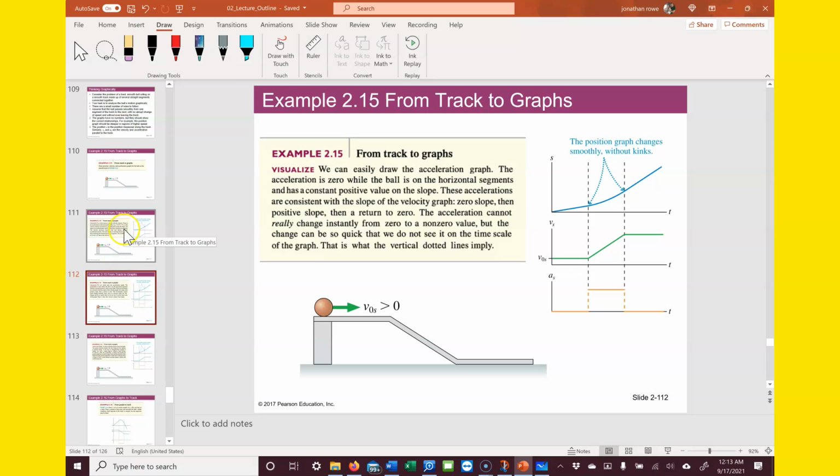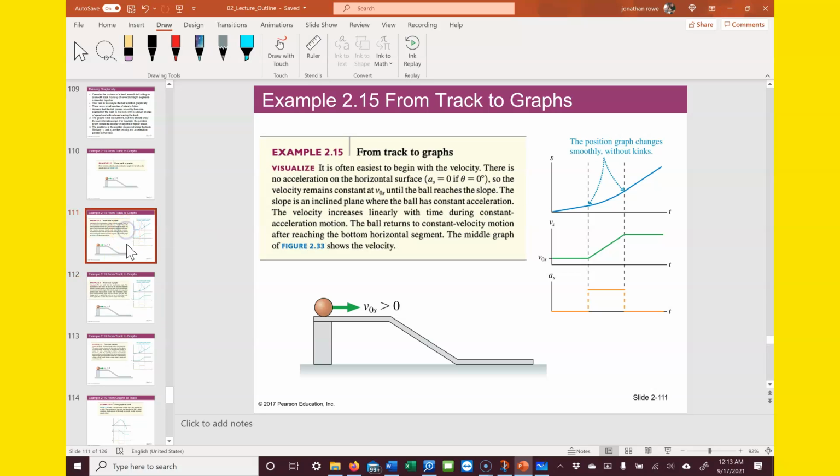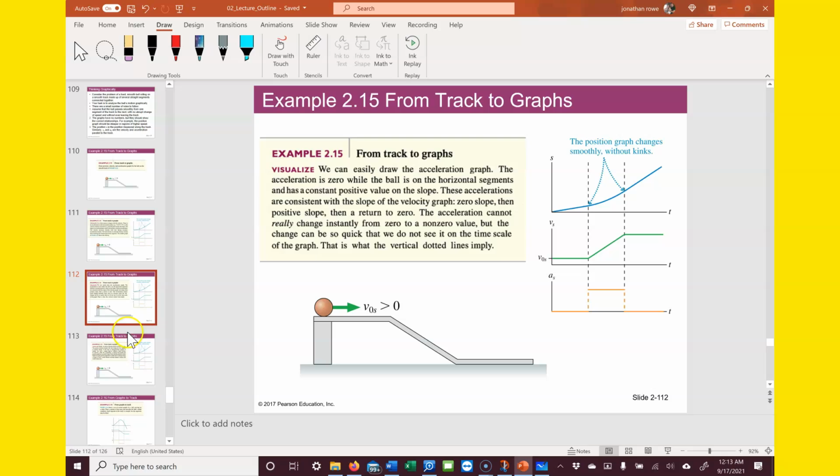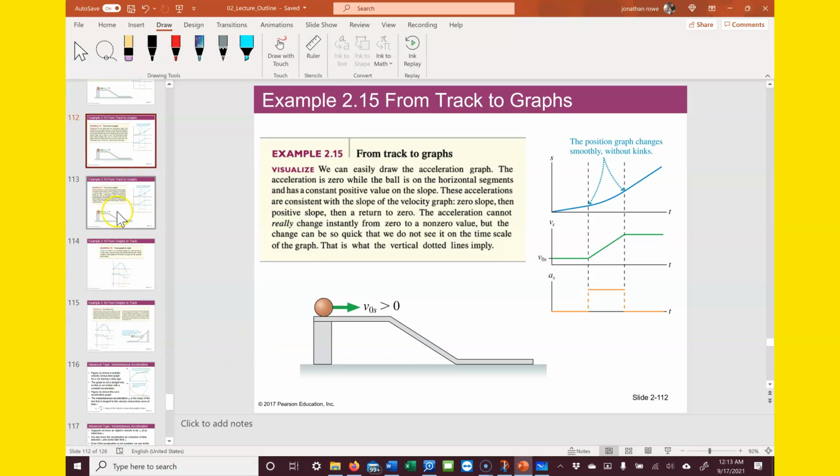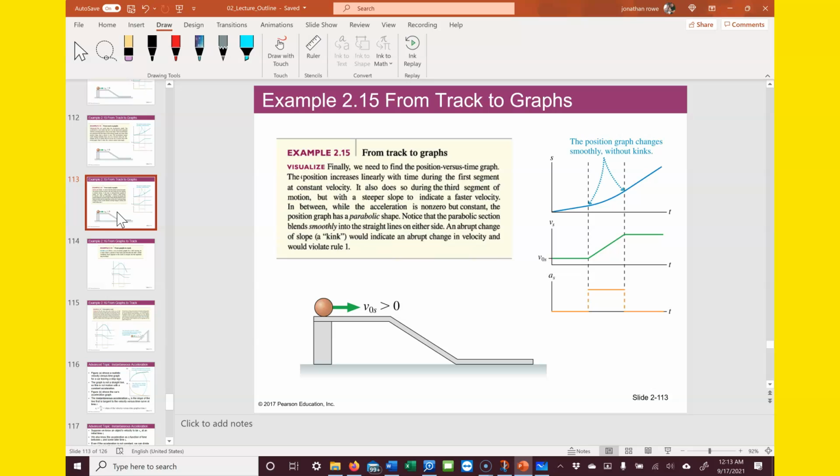Okay, and here is that explanation from the example itself. You can feel free to read that. They're only giving the horizontal part of this, by the way. We did the horizontal and the vertical, so we did a little bit more thorough explanation.